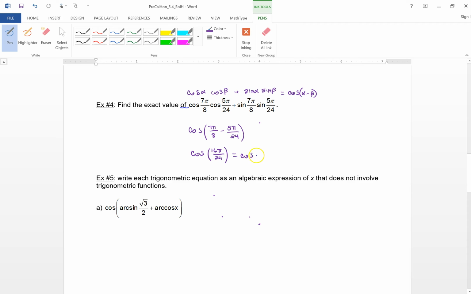This is cosine 2 pi over 3. Now, if you have a pi over 3 angle, that's like your 60 degrees. It faces the large side, so the cosine is 1/2. Now, 2 pi over 3 happens to be in quadrant number 2, where the cosine is negative, so there is a negative in front. Okay?